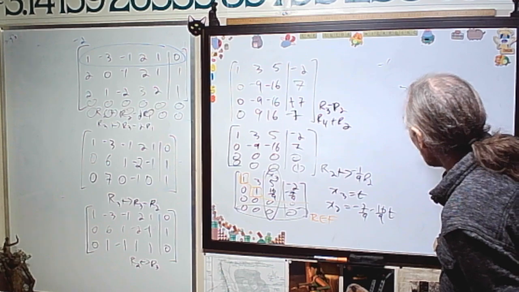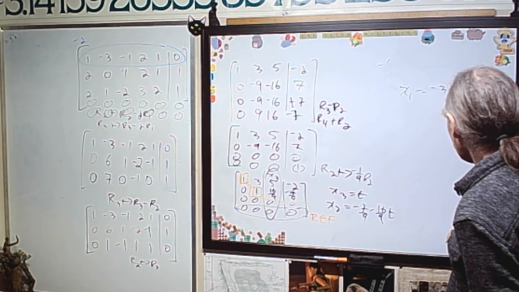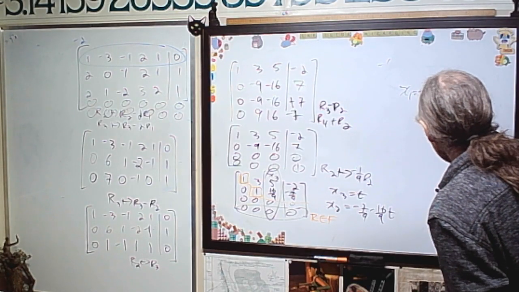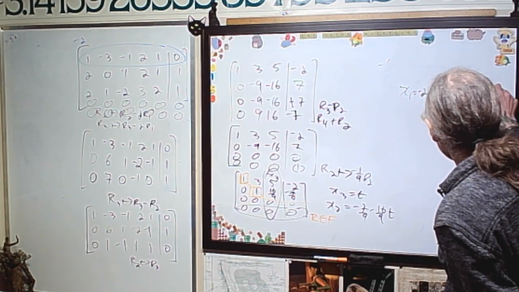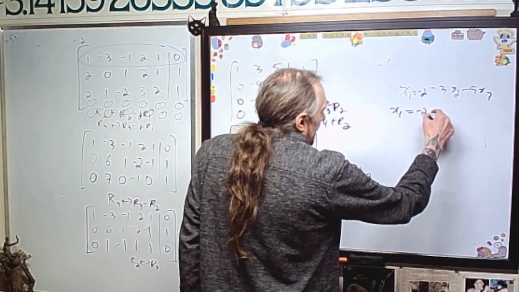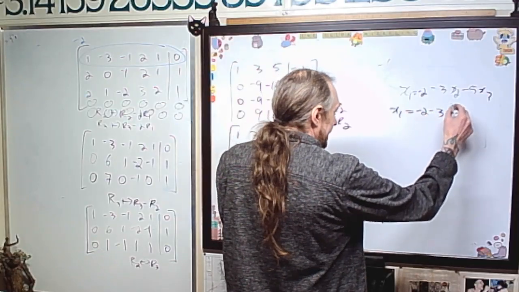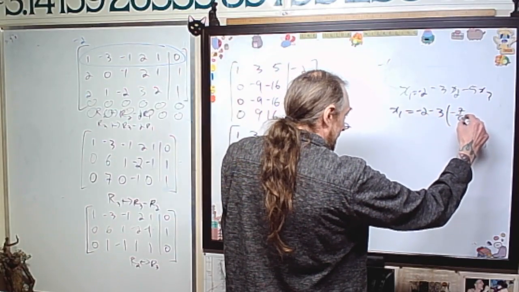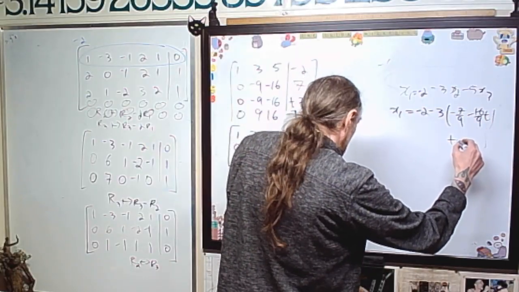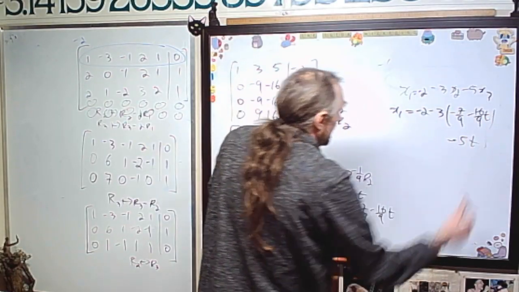So this is x1 is negative 3 x2 minus 5 x3. So then that means x1 is equal to negative 2 minus 3 times negative 7 over 9 minus 16 over 9 t, plus negative 5 times t.